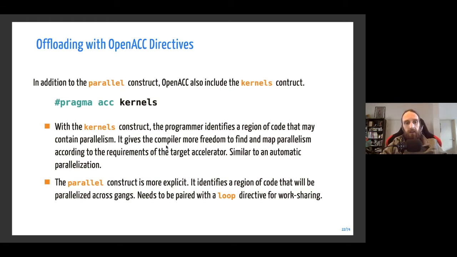So I will ignore the kernels directive for this presentation and just use the parallel construct, which is way more explicit, and you need to use the loop directive to specify to the compiler that there is some loop that needs work sharing, so that the iterations of the loop should be shared amongst the threads. You can use the kernels directive if you wish, and if you target NVIDIA hardware, it's not a problem.